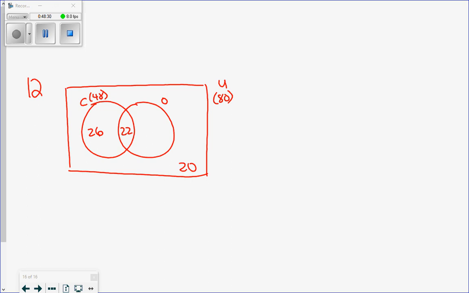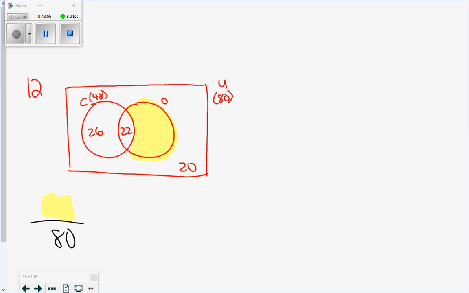And the question is, the probability to the nearest hundredth that a child selected at random from the group likes only oatmeal. So only oatmeal means we need to find this number right here. So that's going to be our numerator. Because it says probability, we put it over the universal set. So the only difference between this unit and set theory is that in set theory I just wanted the numerator.